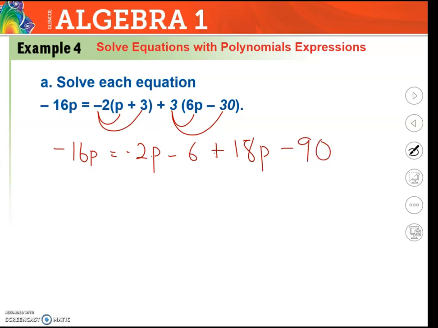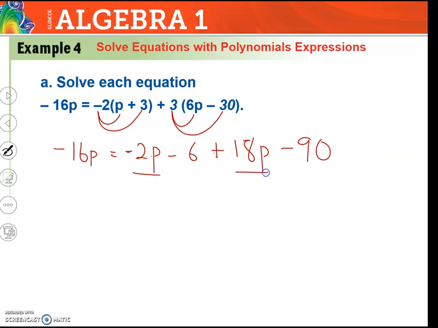Then we group like terms. We can see that we have negative 2p and 18p, which give us 16p. Then negative 6 and negative 90 give us negative 96.